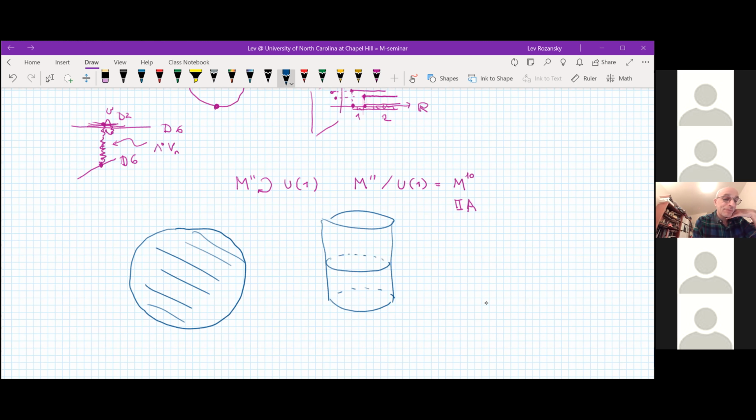The space of BPS states is equal, that's the particle-wave duality, so to say, to the space of states of this disk. So I have to find the space of states of this disk.